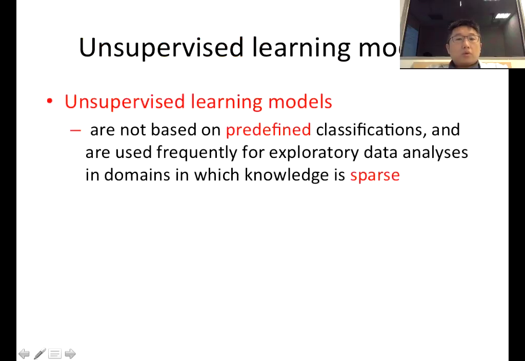When can you apply the unsupervised learning model? Basically, you will use the unsupervised learning model when you know little about it. I previously used the example of different flowers in the garden.